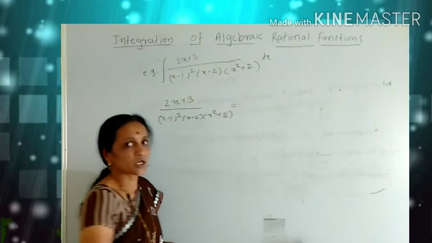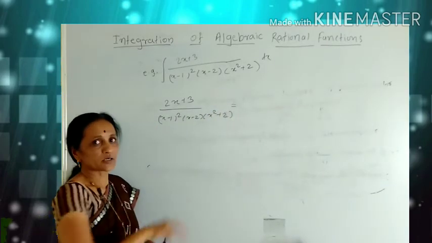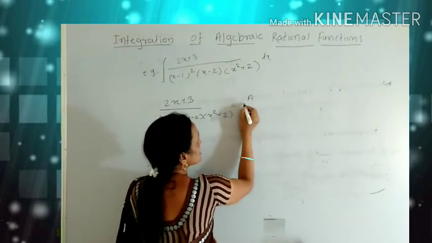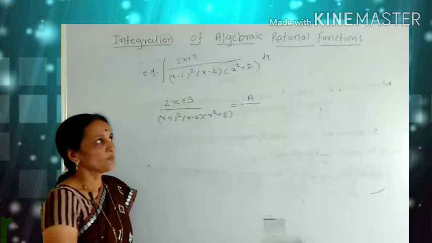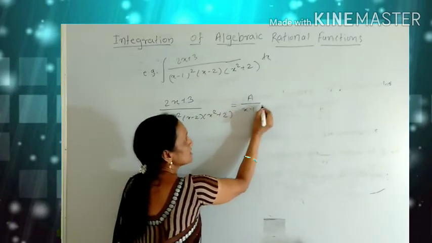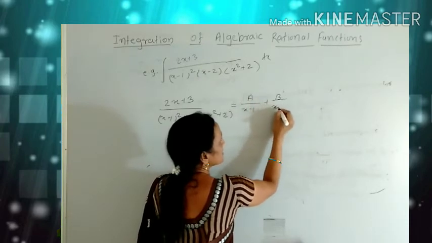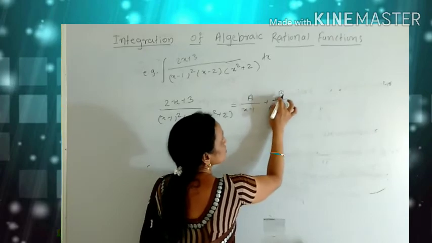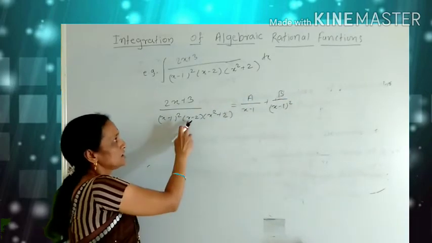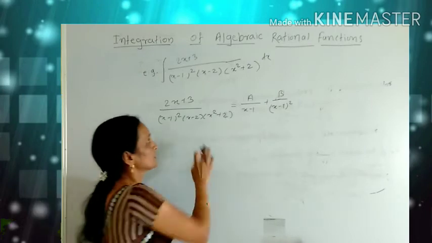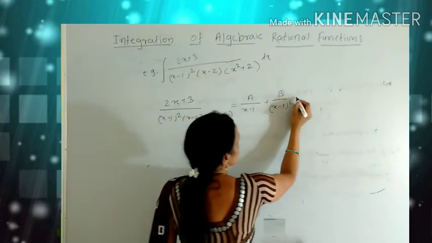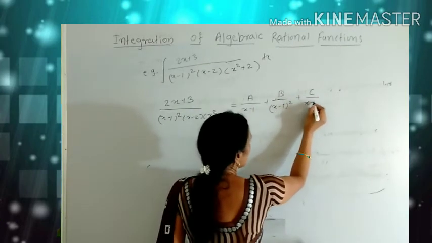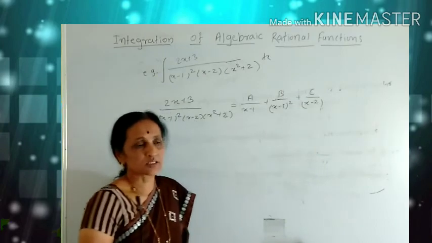Using the case of repeated linear factors, we consider two constants and arrange the factors in this way: A divided by (x minus 1) plus B divided by (x minus 1) square. Next, x minus 2 is a factor, but it is non-repeated. So we consider the next unknown constant C divided by the factor x minus 2.